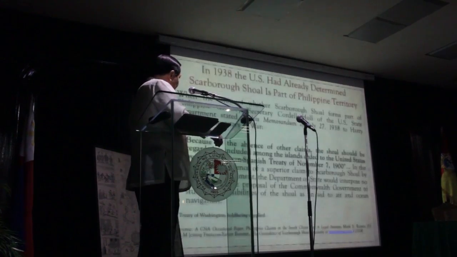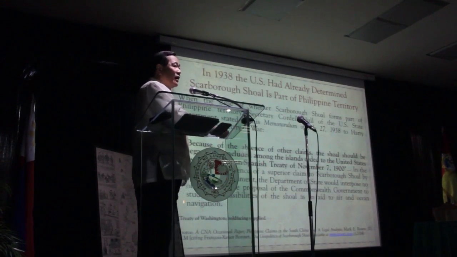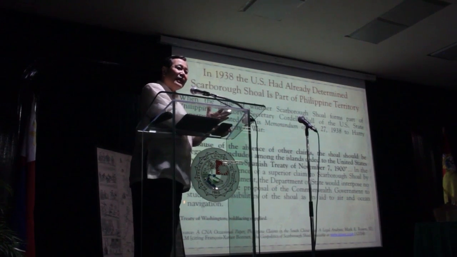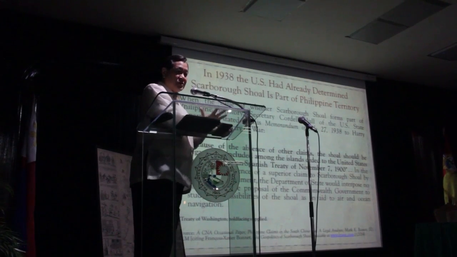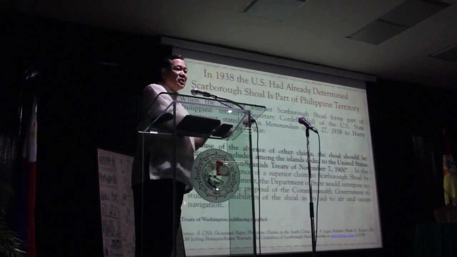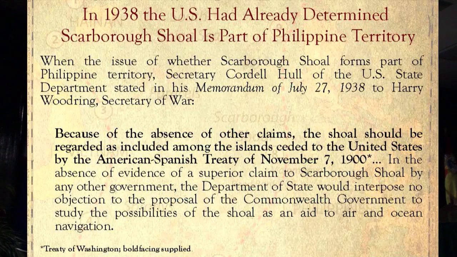Okay, next slide. During the Commonwealth government, even our leaders at the time were worried that other countries might claim Scarborough Shoal. They wanted to put up a lighthouse to assert our sovereignty. So they wrote the U.S. Secretary of State, and Secretary Colonel Roe replied.